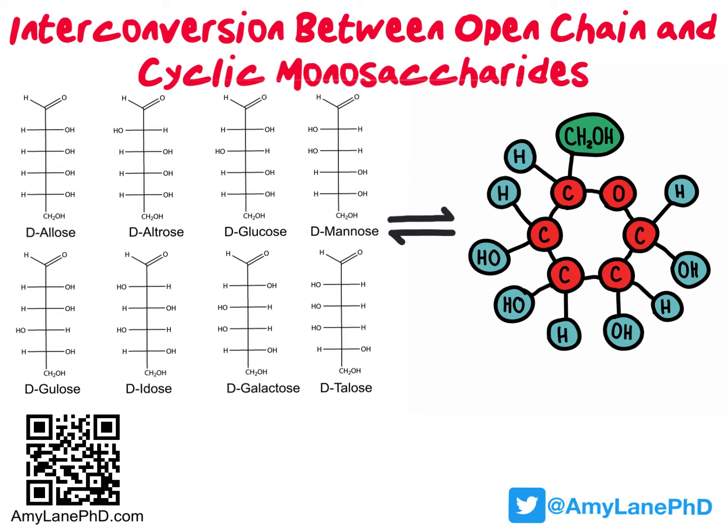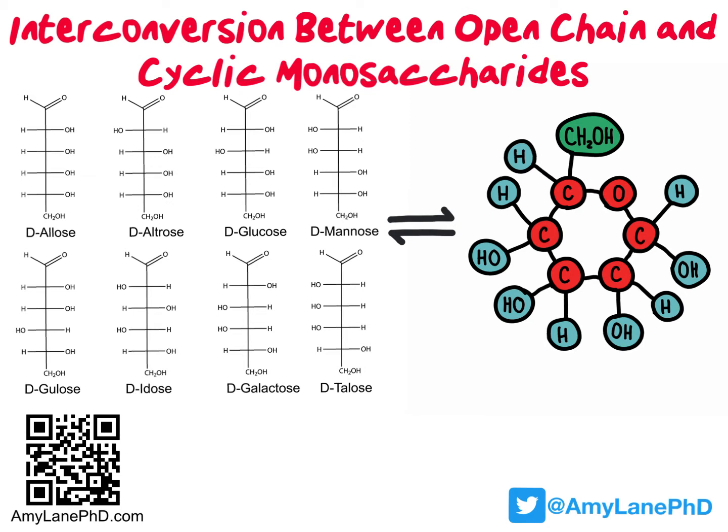This is important, that these molecules exist in equilibrium between the cyclic form and the acyclic form, because the cyclic form versus the acyclic form will have different ways in which they are recognized and processed by the body. We need to understand how this conversion occurs from one form to the other within the body, and that's what we're going to accomplish in this video.